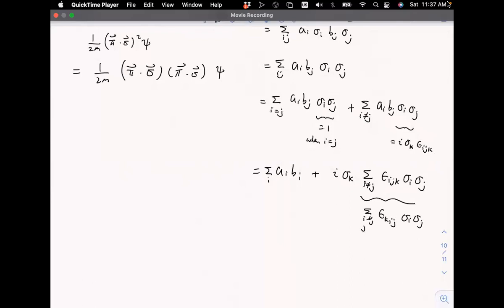Then what is this? This is the cross product. Sorry, I made a mistake. This is a and b. This sigma k is here.